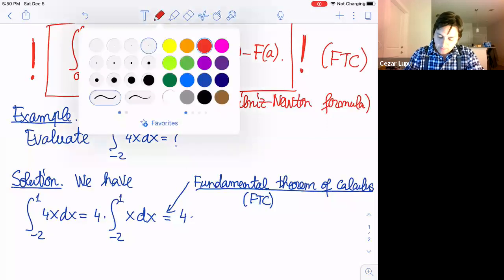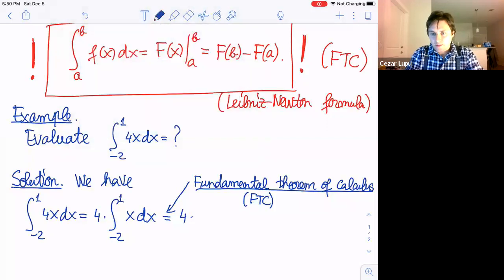And now, what is the antiderivative of x? The antiderivative of x is x squared over 2 from -2 to 1.